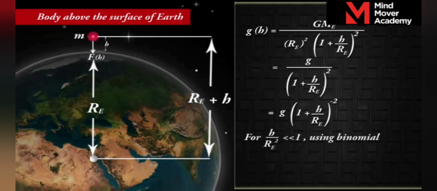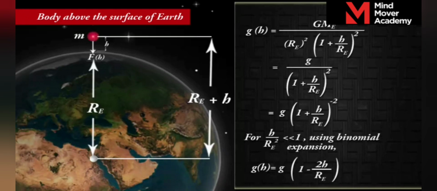For h upon Re less than 1, using binomial expansion, we get gh is equal to g into 1 minus 2h upon Re. Hence, the value of g at height h above the surface of the Earth is g into 1 minus 2h upon Re.